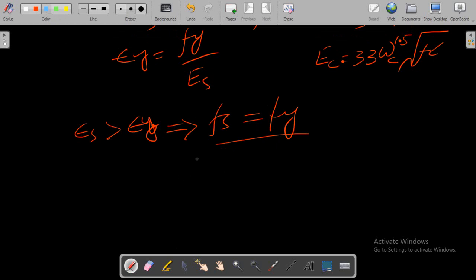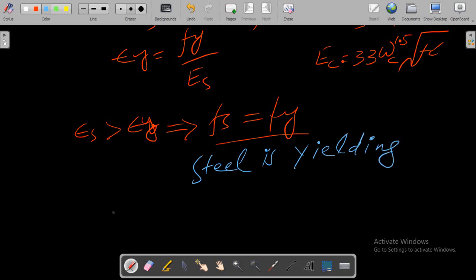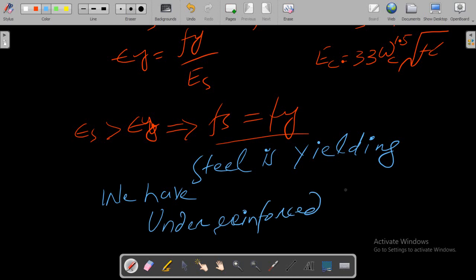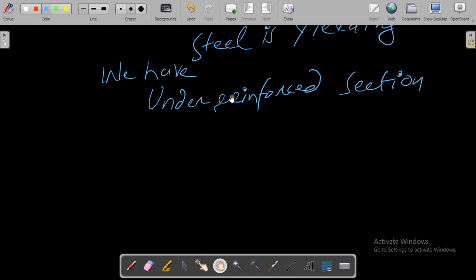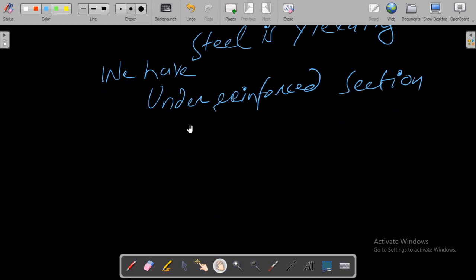This means our steel is yielding, and we have an under reinforced section. This is important. We have an under reinforced section, right?